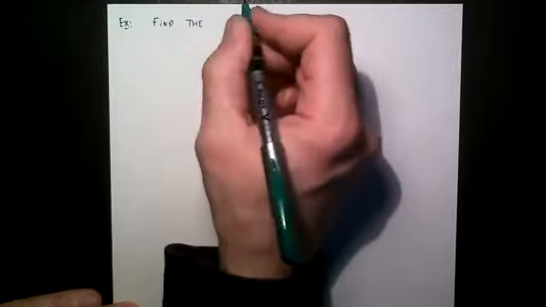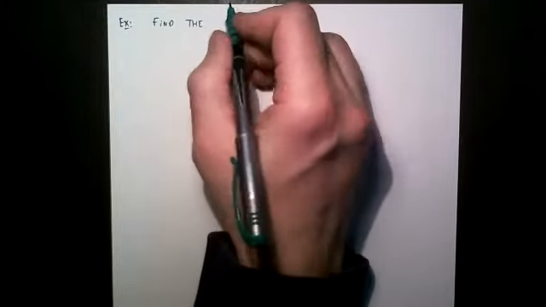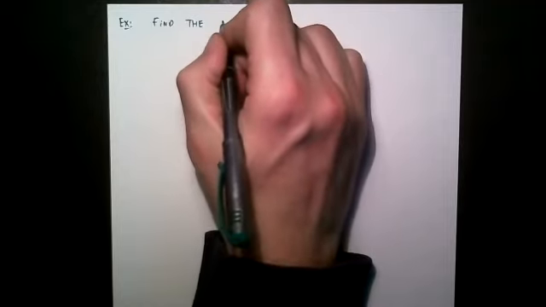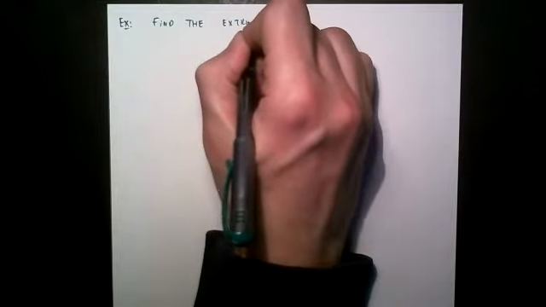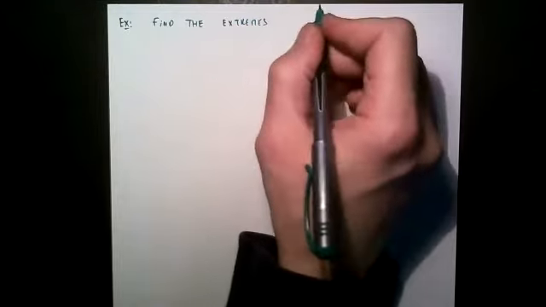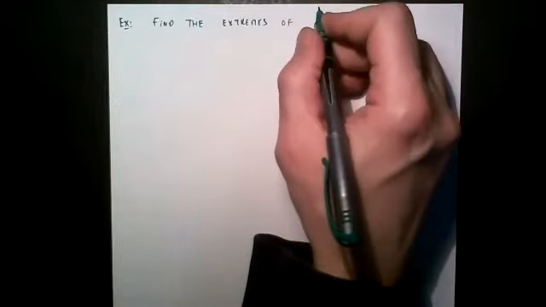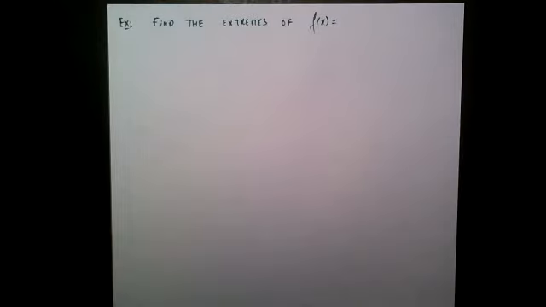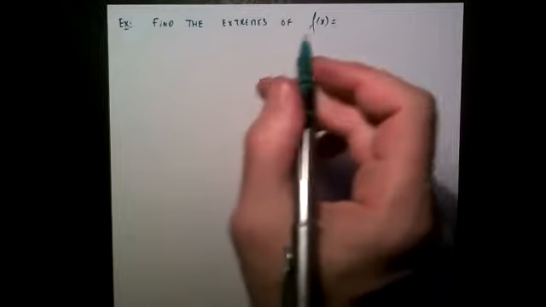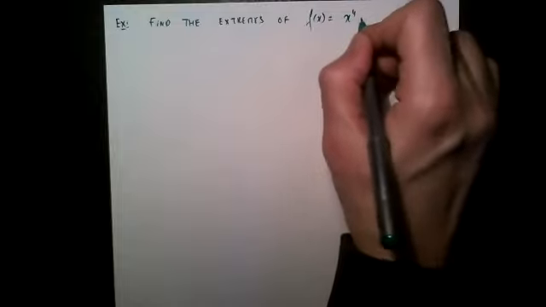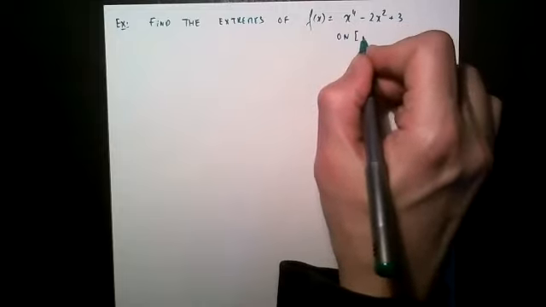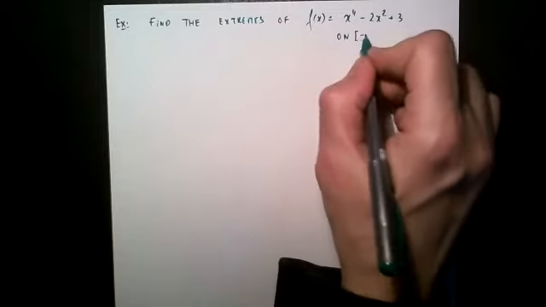Find the extremes, the absolute max and absolute min, of f of x equals x to the 4th minus 2x squared plus 3 on the closed interval from minus 2 to 3.